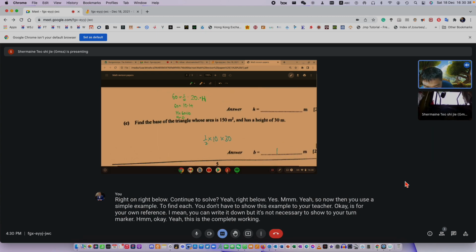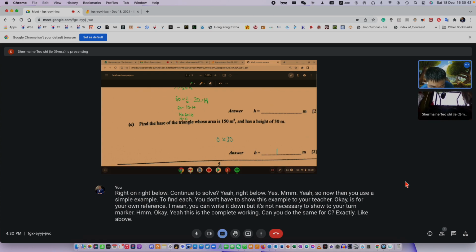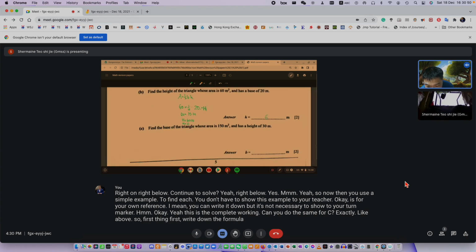Can you do the same for C? Exactly like above. So first thing first, write down the formula for C. Like I say, you can actually space out all the letters.